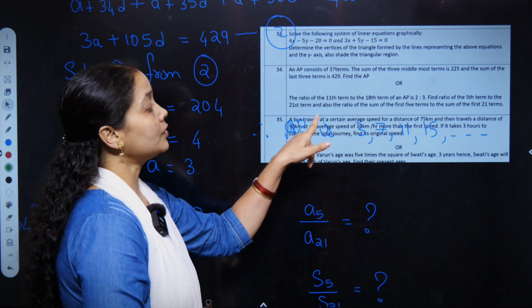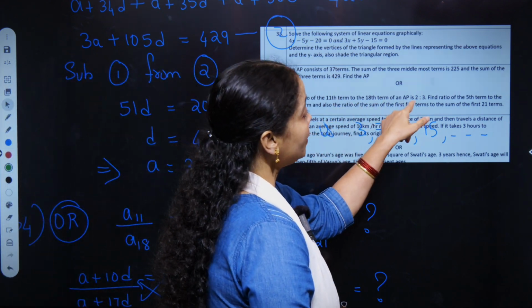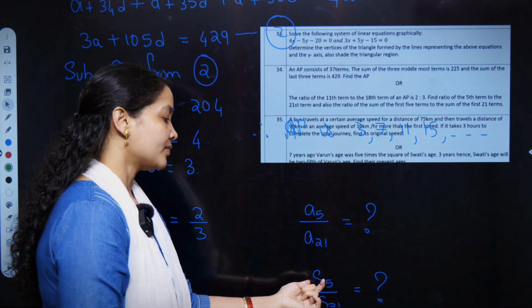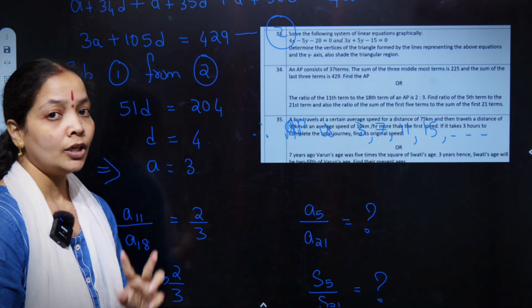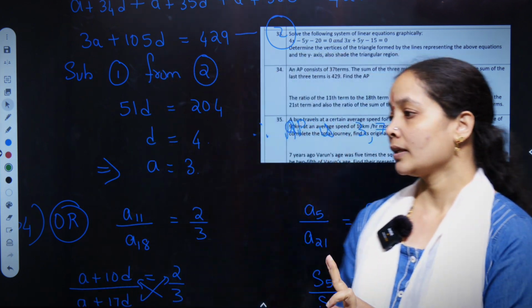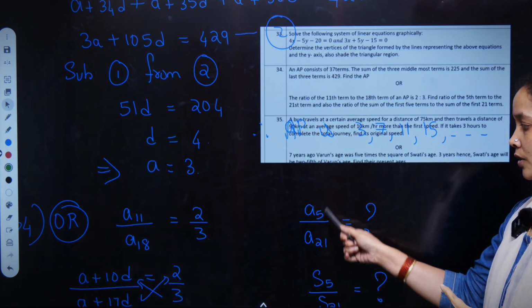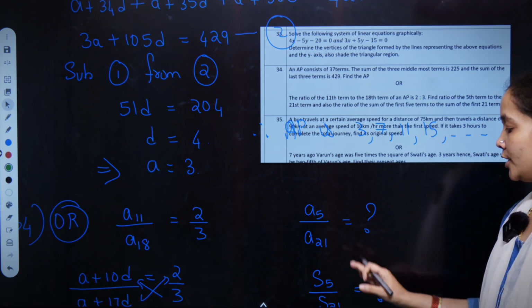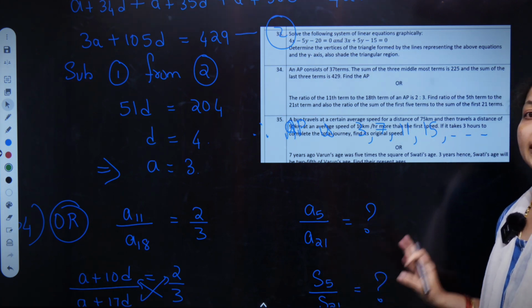I also have to find the ratio of the sum of the first 5 terms to the sum of 21 terms, that means S5 by S21. Two important things are unknown to me here.